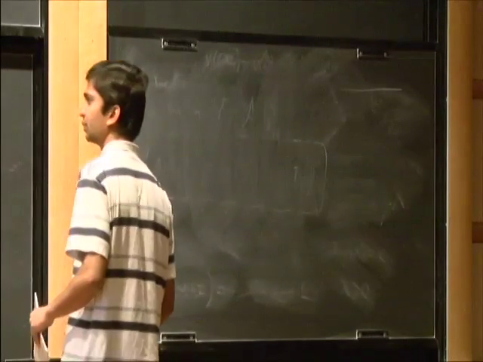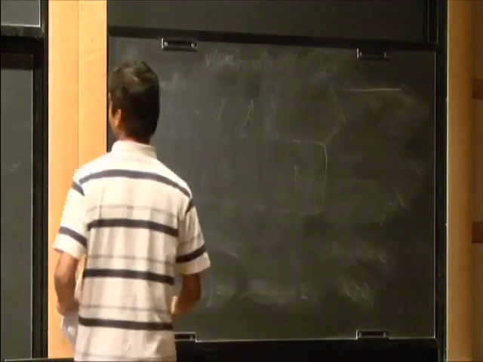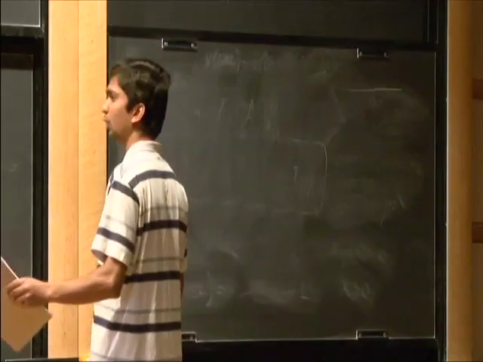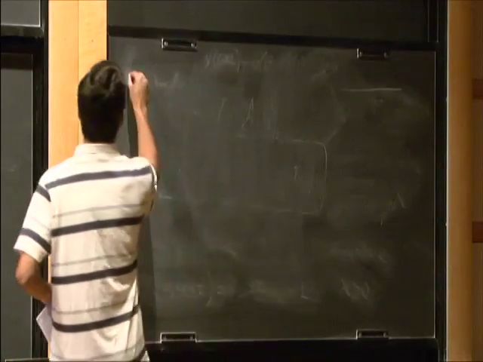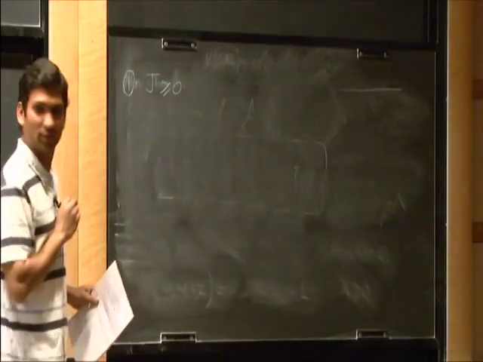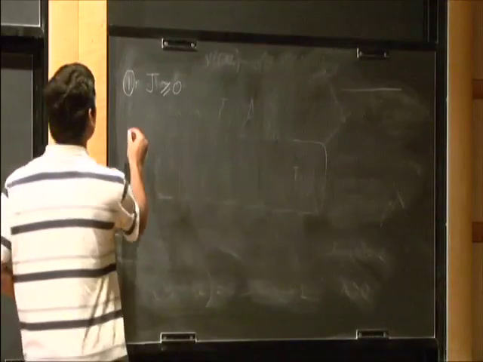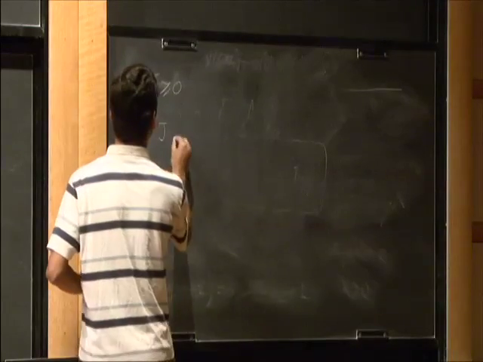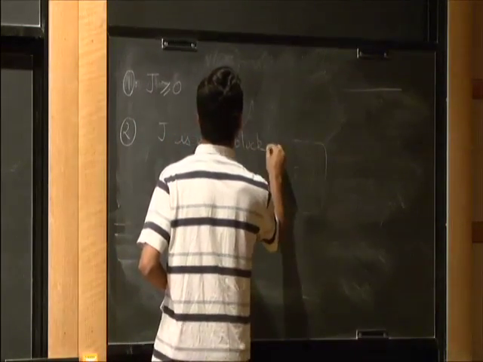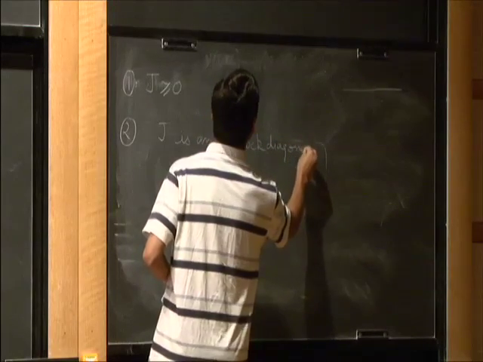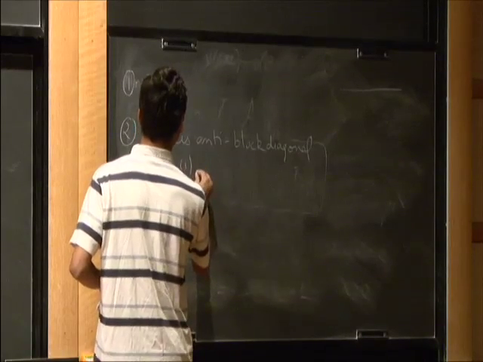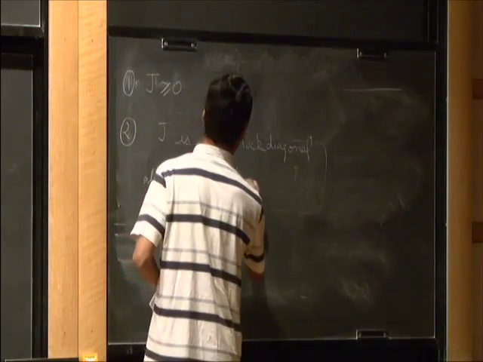In the first article, we gave two sufficient conditions. One was that if J is positive semi-definite, then the product theorem holds. The second condition was that J is block anti-diagonal and all the A_i are block diagonal.